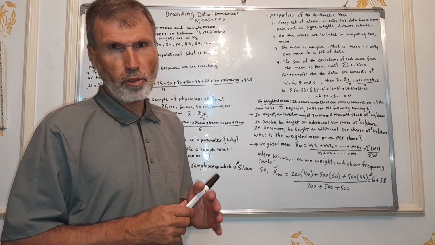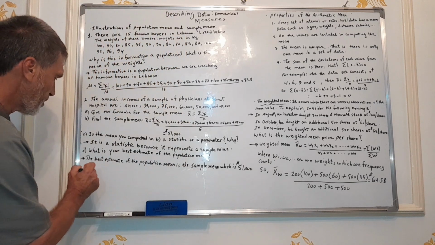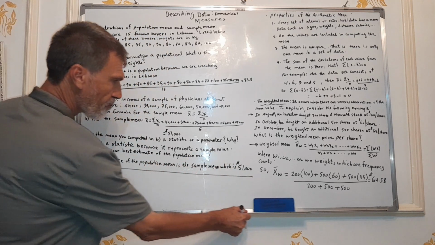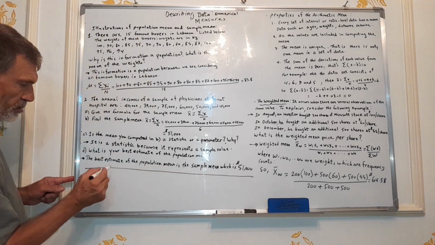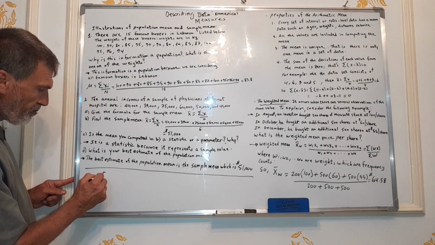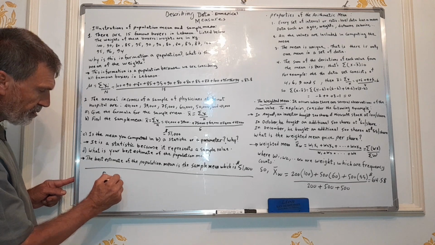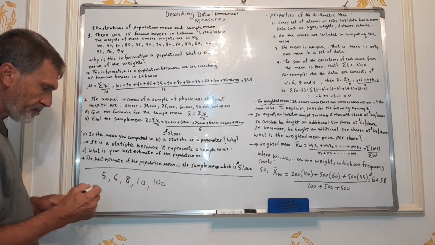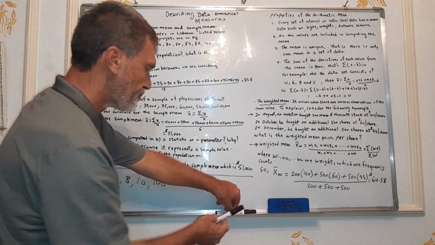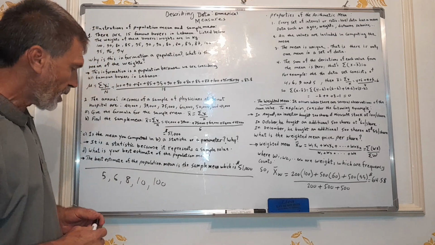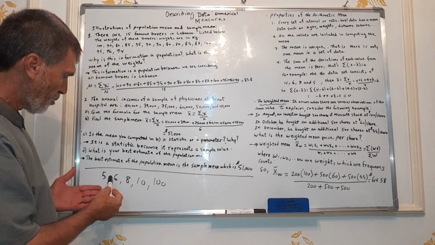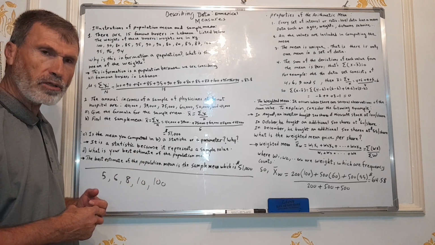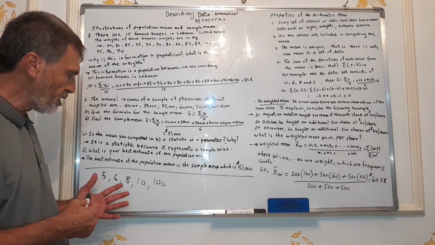Let me illustrate what I'm talking about. Say we have the following values: 5, 6, 8, 10, and 100. You have 5 items, and I need to calculate the mean, the average, of these 5 items.